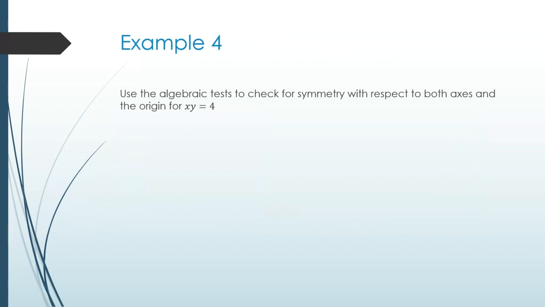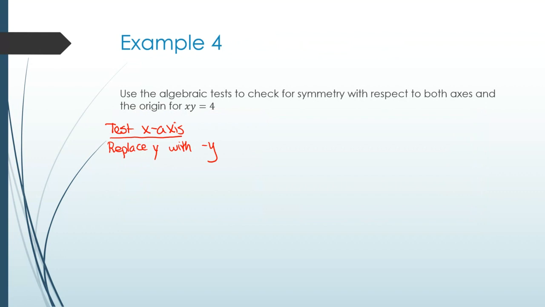So we want to use the algebraic test to check for symmetry with respect to both axes, so the x-axis and the y-axis, and the origin. So if we want to test x-axis symmetry, we want to replace y with negative y.